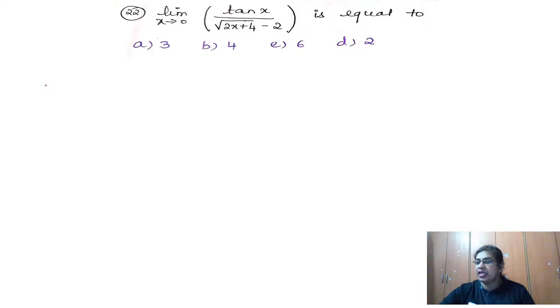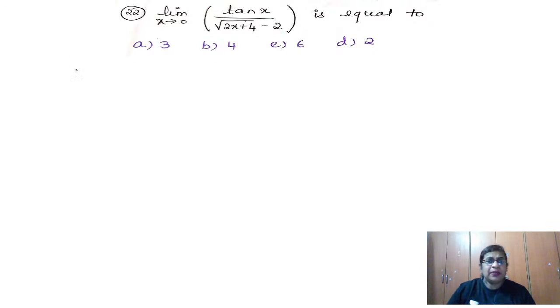What is being given here is limit x tends to 0 of tan x divided by the square root of 2x plus 4 minus 2, and they've asked us what this limit is equal to. I repeat, limit x tends to 0 of tan x by the square root, the square root goes only for 2x plus 4, minus 2.